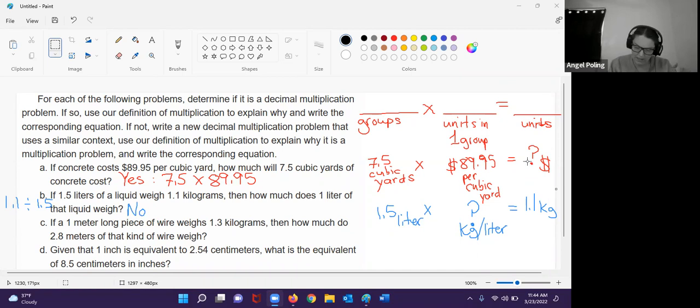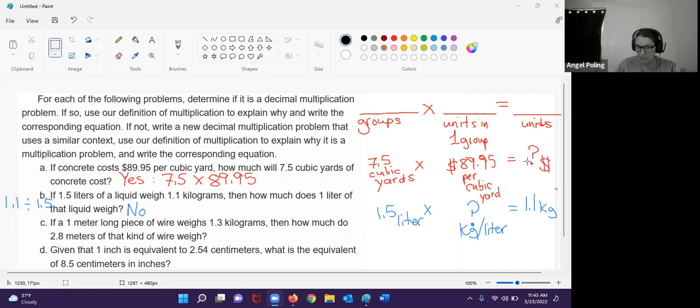So they want us to write a new problem with similar wording so that it does ask an appropriate question. And then what would that equation look like? So if we were to change this one, then we would want to say something like the 1.1 kilograms is how much 1 liter weighs.